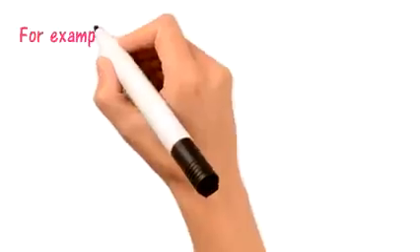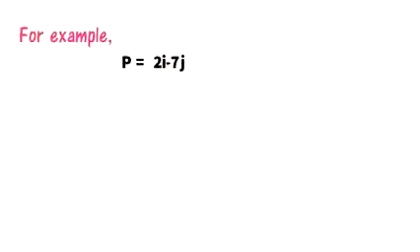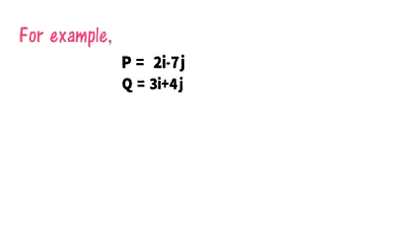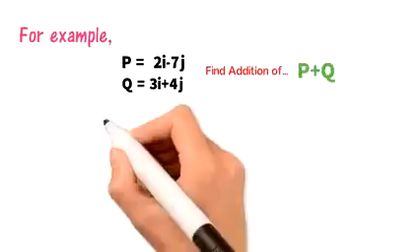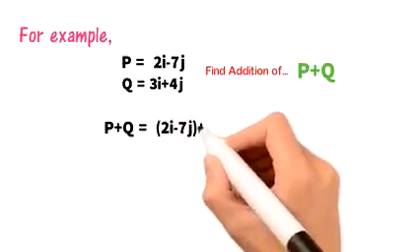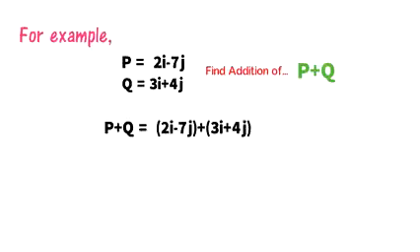Now for example, if I have a vector P equal to 2i minus 7j and Q equal to 3i plus 4j, and someone is asking me to find the addition of these two vectors, P plus Q, I will take the vector P, 2i minus 7j, plus 3i plus 4j.